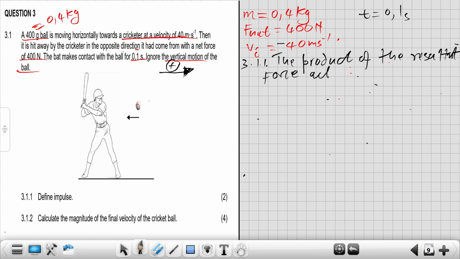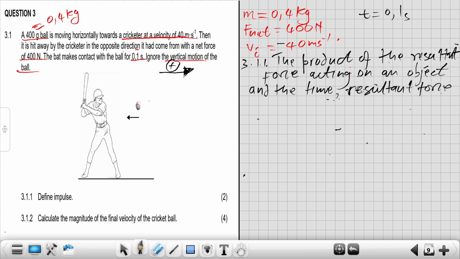acting on an object and the time the resultant force acts on the object.